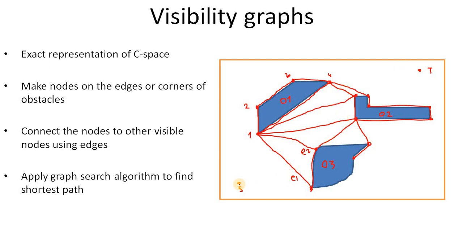Then we add our start point to the graph, and let's say it is visible to this one also, and to this one here also, and also to this one here, and here also this one. So we connect our starting point to the nodes, and we do the same for the target point.